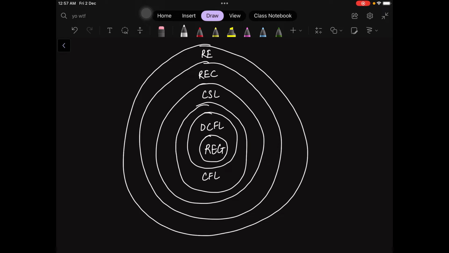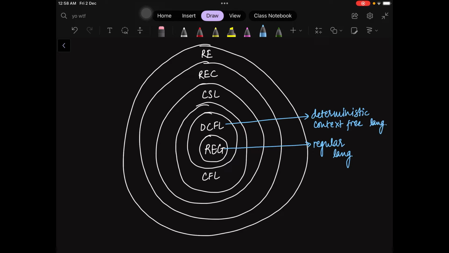So, let me write down what they also mean. Regular language, then this is deterministic context-free language. This is just context-free language.